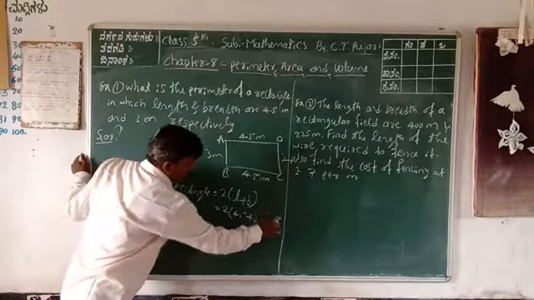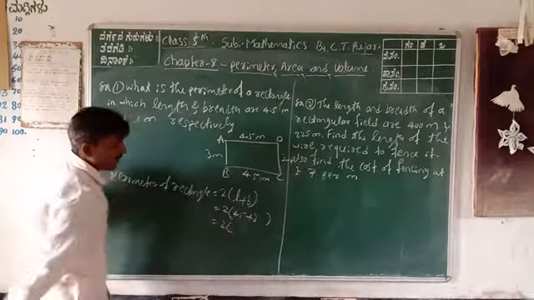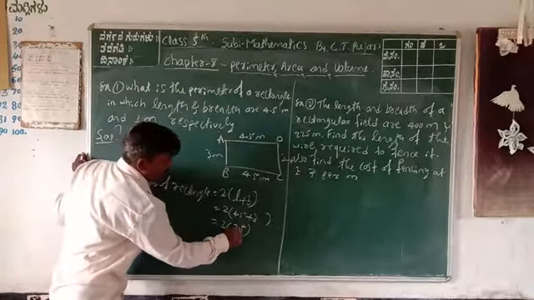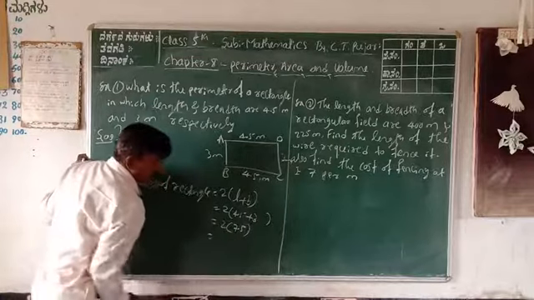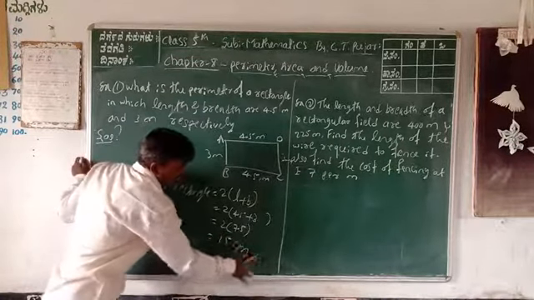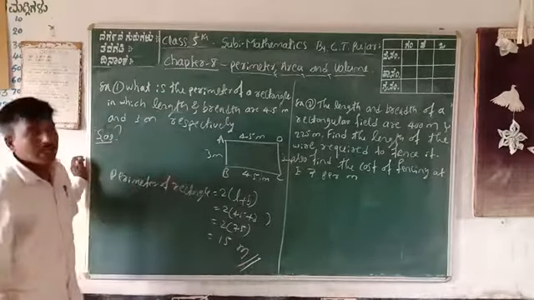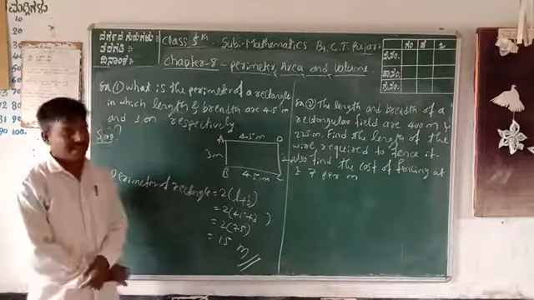That is 2 into bracket of 4.5 plus 3, which is 7.5. 7.5 into 2: 2 fives are 10, 2 sevens are 14 plus 1 is 15. Sorry, 15 meter is the total length of the rectangle, or otherwise the perimeter of the rectangle.